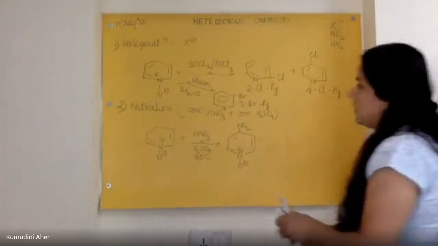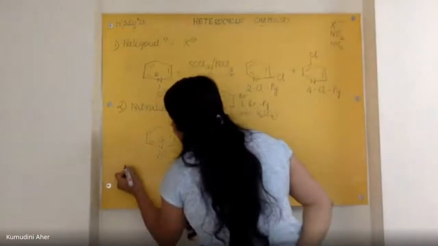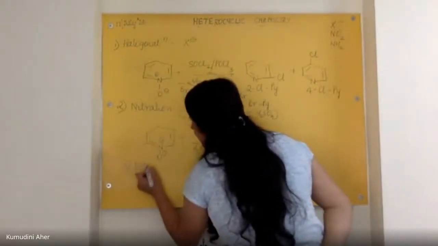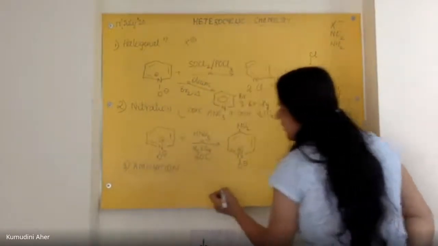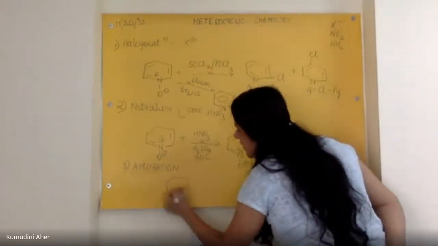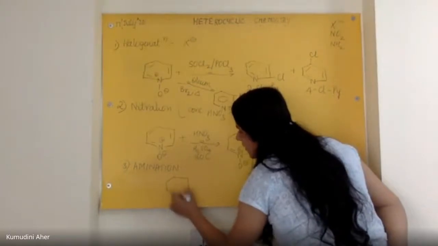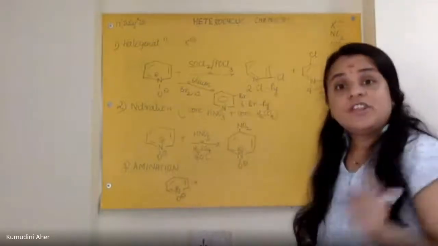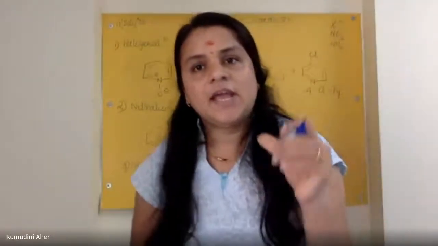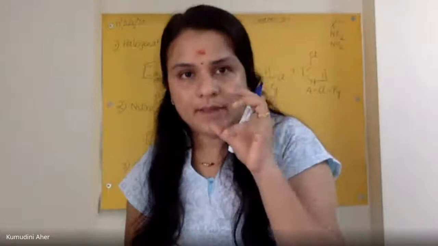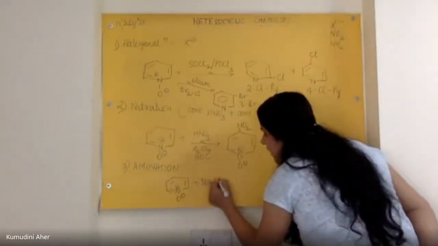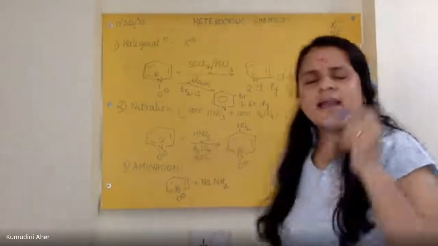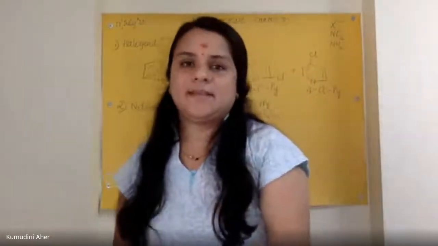Now I am talking about the third chemical reaction, which is called amination. In amination, I will be taking my pyridine N oxide and I will be reacting it with a very, very rigorous agent called sodamide. It is an exceptionally strong base. Okay.